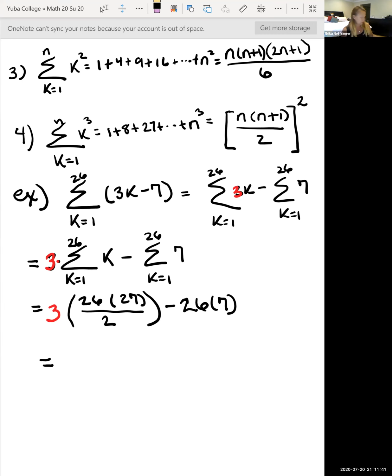Okay, so I was thinking that we can simplify. I was thinking actually we could factor out a 26 and that might help us simplify it faster. But I'm just going to plug it in. So 3 times 13 times 27 minus 26 times 7.